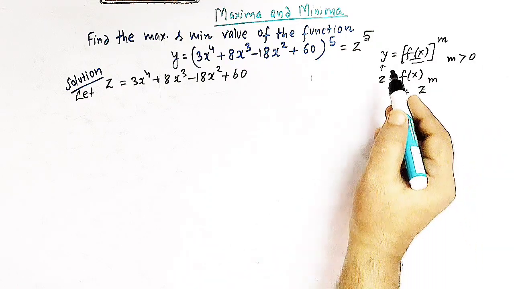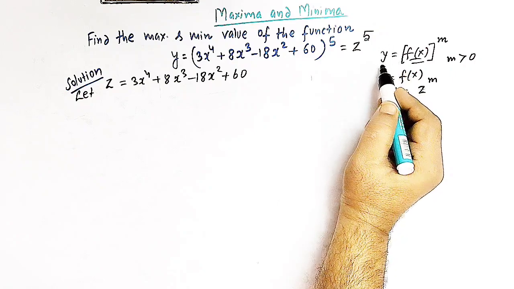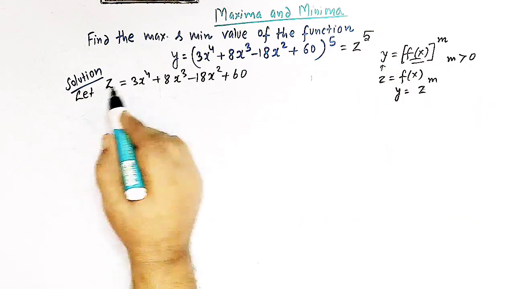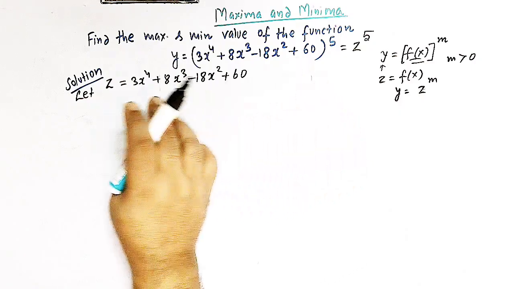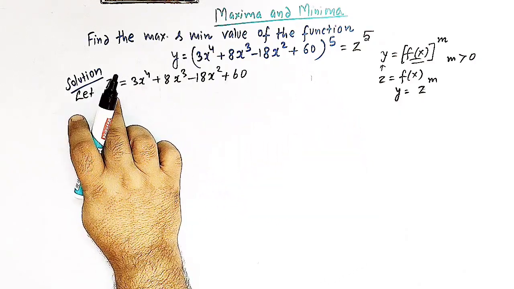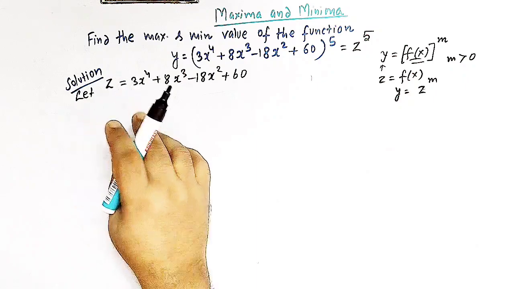So to get the maximum and minimum value of this function y, we take z equal to this function, and then we find the maximum and minimum value of z.